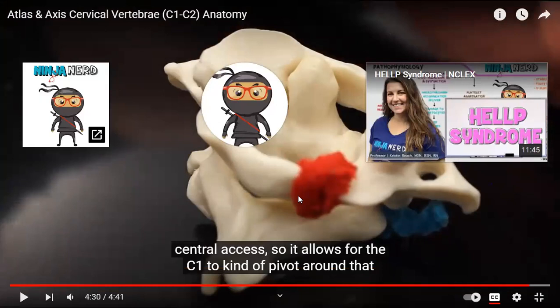Actually, holding the odontoid process, the atlas bone will turn to the side.